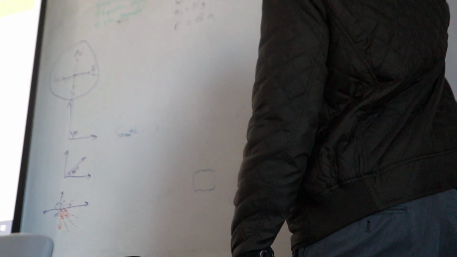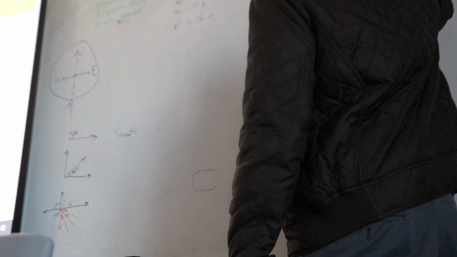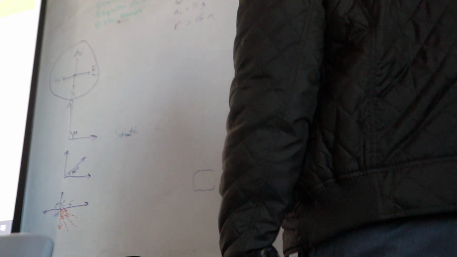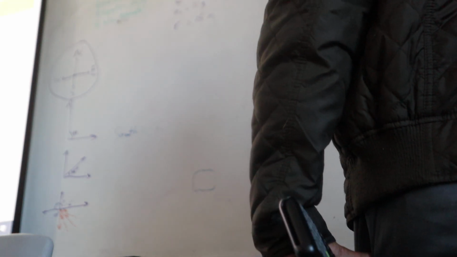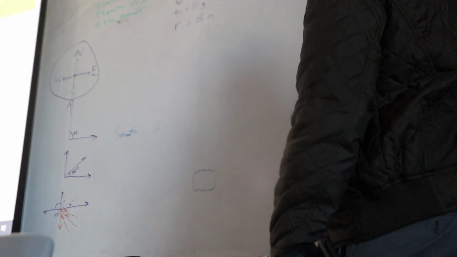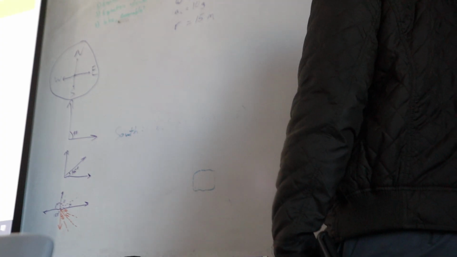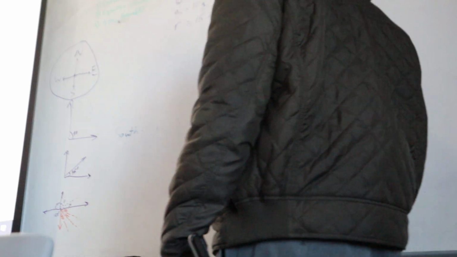If it says half of one revolution, I know one revolution is 2 pi. So they might say something like the complete motion around the curve. Or they might just say diameter.